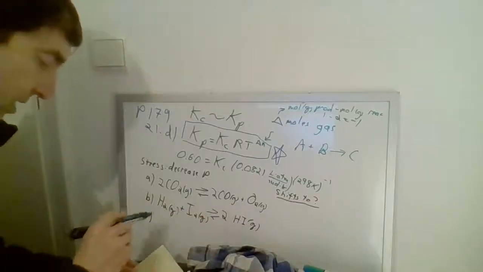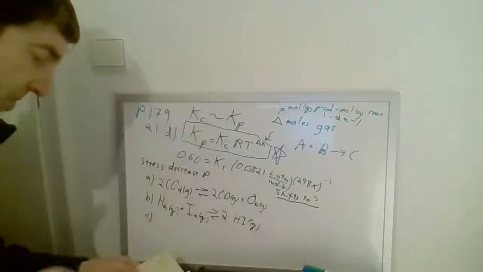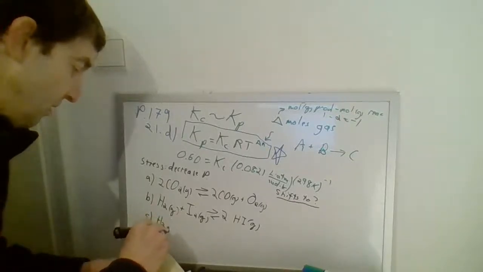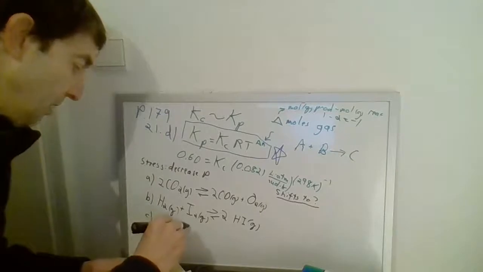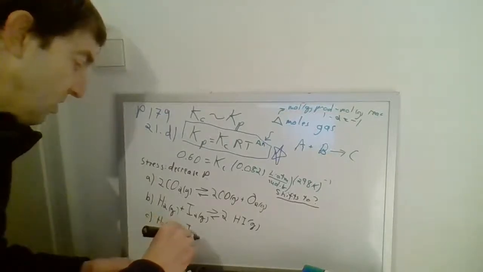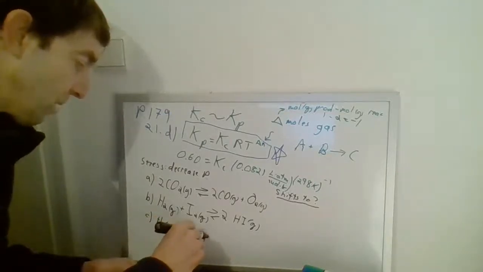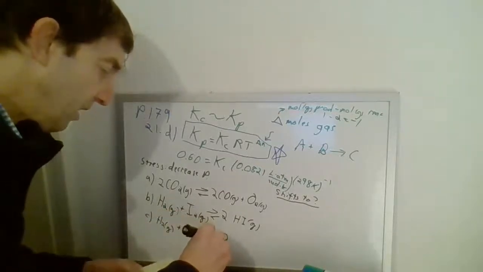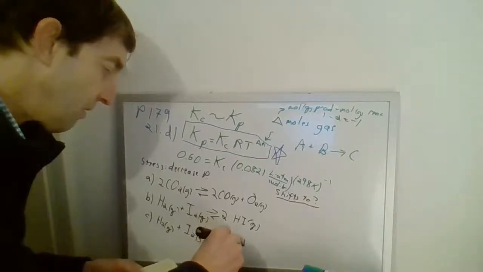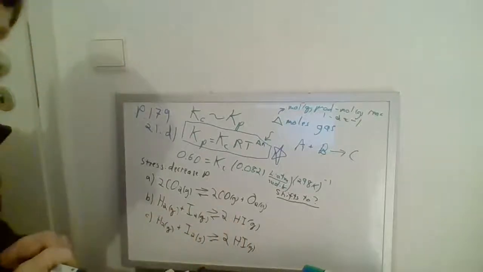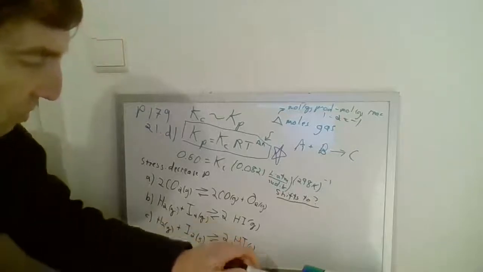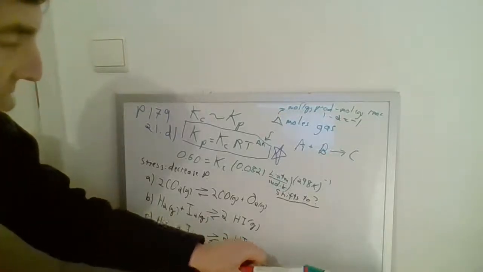And then the final one is H2 gas plus I2 solid this time, so probably at room temperature, forms same friendly gas 2HI gas. Okay, so go ahead and write that down.